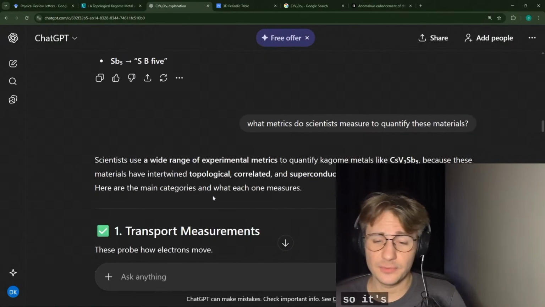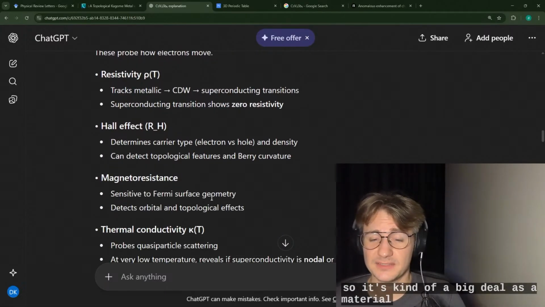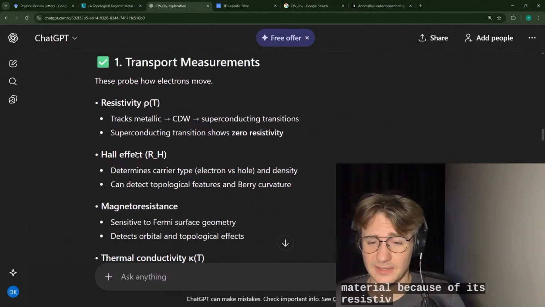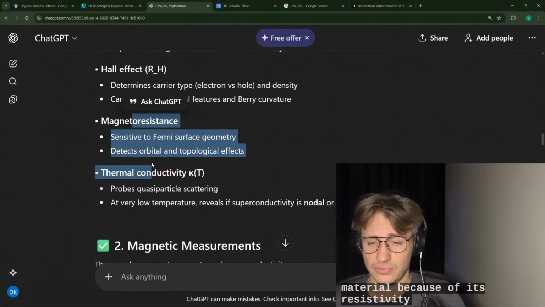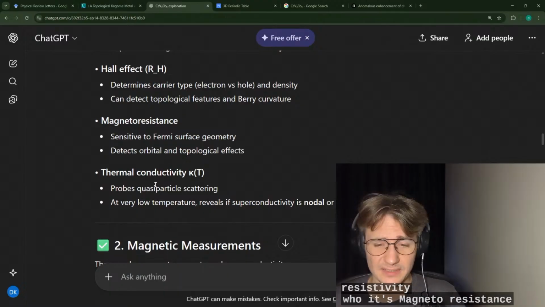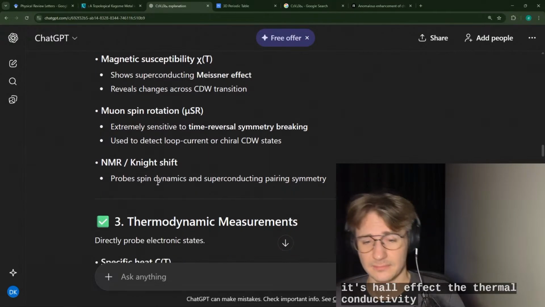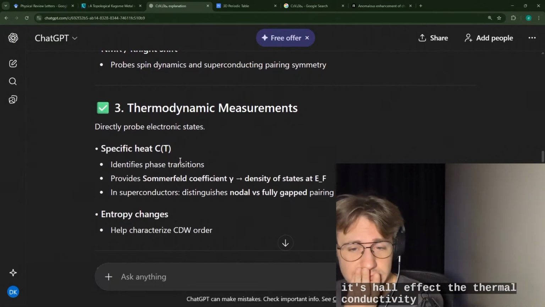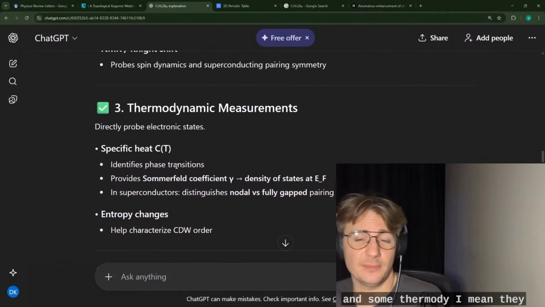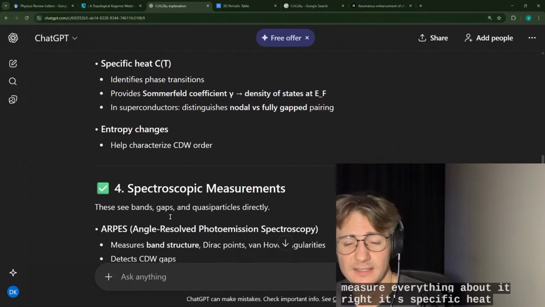So it's kind of a big deal as a material because of its resistivity, its magnetoresistance, its Hall effect, the thermal conductivity, and some thermodynamics. I mean, they measure everything about it, right? Its specific heat.